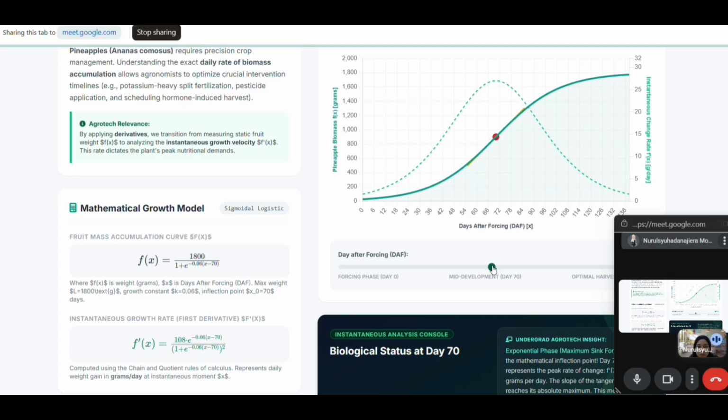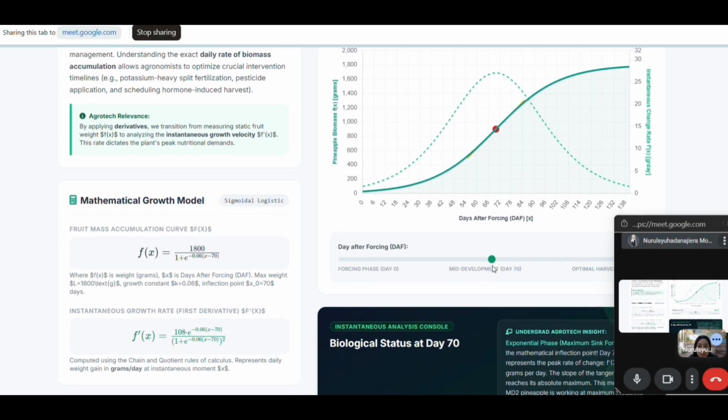As you can see on the slide, day 70 is the middle phase. At this stage, the fruit weight line starts to curve upwards quickly. This is where the biological acceleration happens.